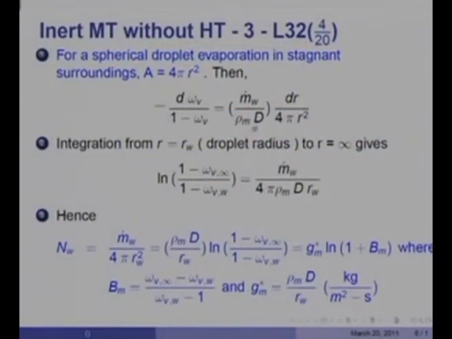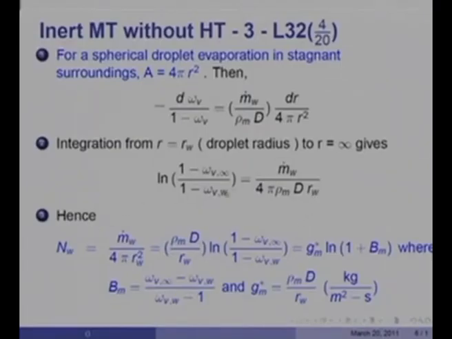In that case you will see d omega v over 1 minus omega v would equal m dot w over rho m d into dr by 4 pi r square. Integration from r equal to r w, which is the droplet radius, to r equal to infinity gives ln of 1 minus omega v infinity over 1 minus omega v w equal to this quantity with r w in the denominator. Remember, 1 over r infinity would of course be 0, and therefore, only r w survives.